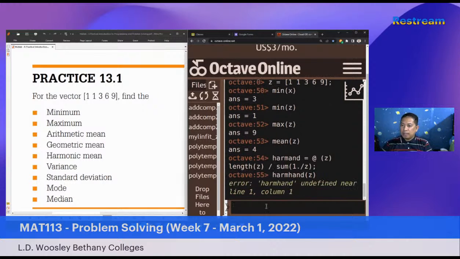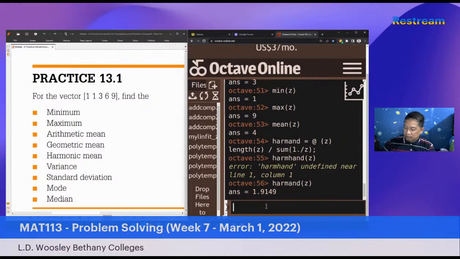The harmean is undefined. I defined it as harman, so I made a mistake here. Then also we could have a geomean. Geomean is defined.